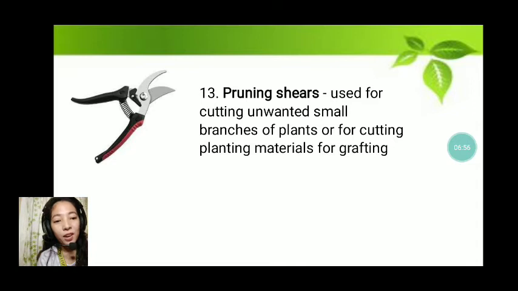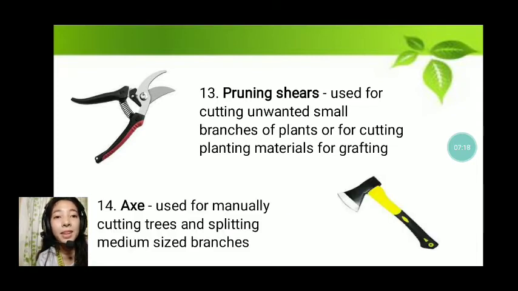So if you want to graft your mango tree, you can use this pruning shear to cut the small branches. By the way, class, a pruning shear is also used for harvesting. Yes, you can use that for harvesting fruits or vegetables with small branches.